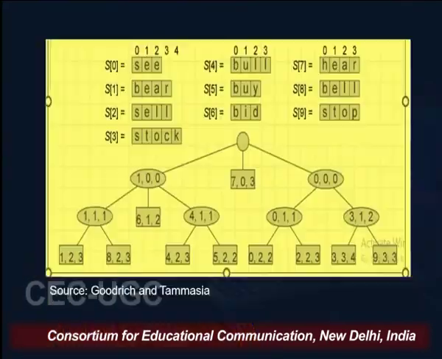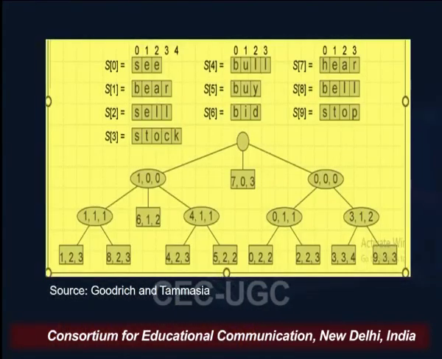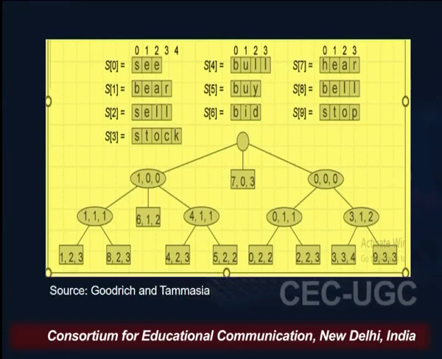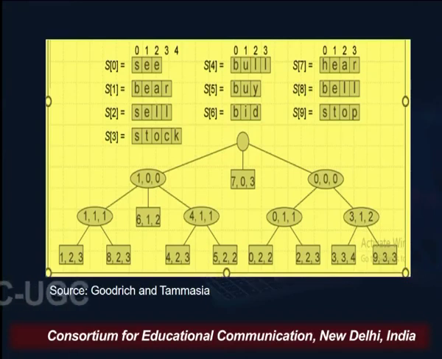So, here we will be looking into the compressed representation or the compact representation of this compressed trie. Here all those strings are numbered from S0 to S9. All those strings are compressed here, which is C, beer, cell, stock, bull, buy, bid, bell and stop, all are there.